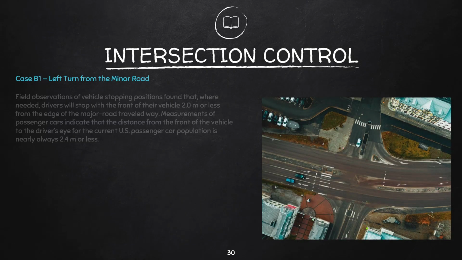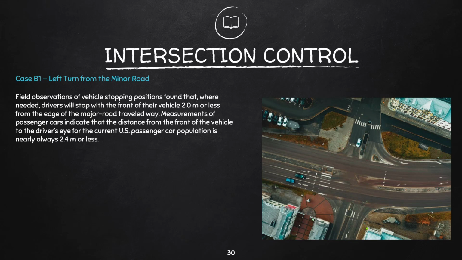So, where did that come from? Field observations of vehicle stopping positions found that where needed, drivers will stop with the front of their vehicles 2 meters or less from the edge of the major road traveled way. Measurements of passenger cars indicated that the distance from the front of the vehicle to the driver's eye for the current US passenger car population is nearly always 2.4 meters or less.